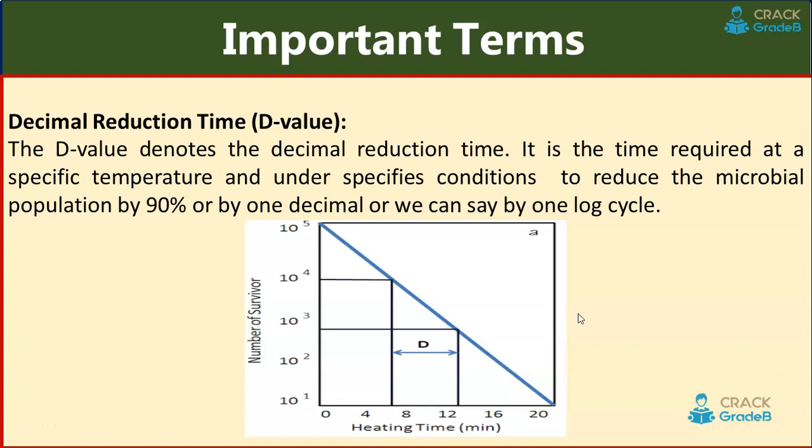The D value depends on the temperature, the type of microorganism, and the composition of the medium containing the microorganism. Thus, after an organism is reduced by 1D, only 10% of the original organism remains in the medium.